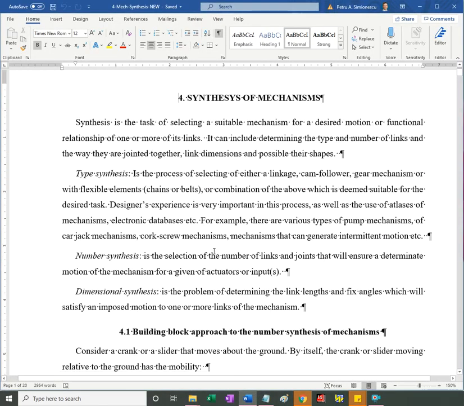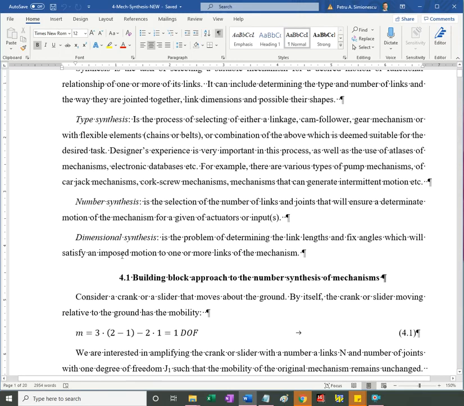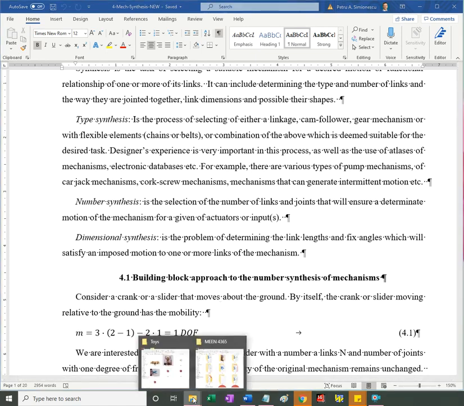Okay, so you select linkages and gears working together, and then you use mobility Grübler's formula to confirm that the number of links and joints satisfy the desired number of degrees of freedom. If you have just one input, the degree of freedom should be 1, with possible idle degrees of freedom in the actual mechanism.